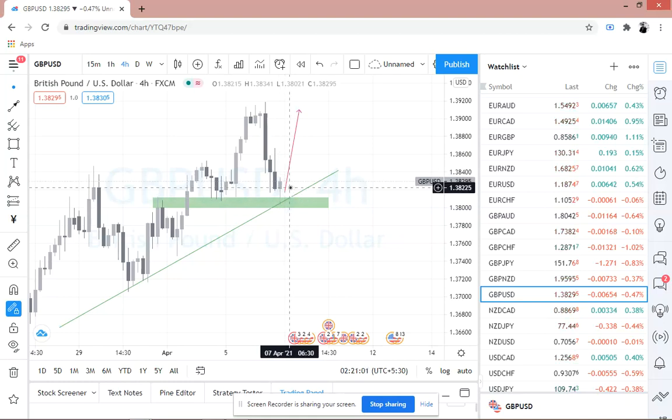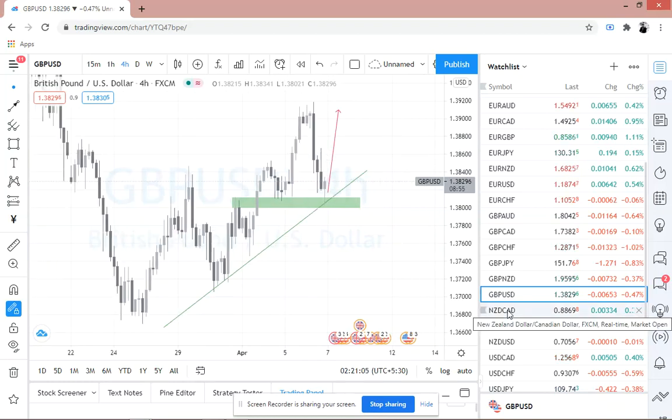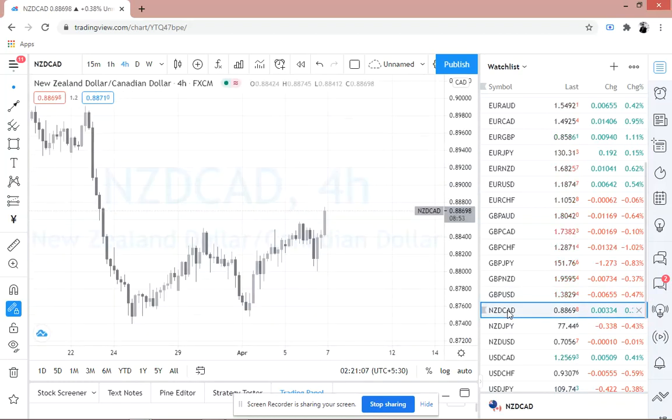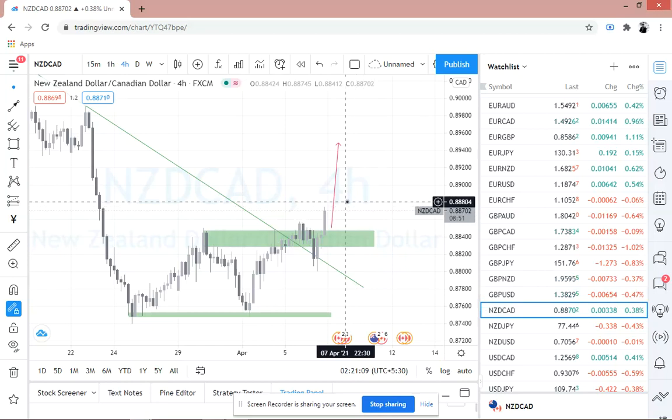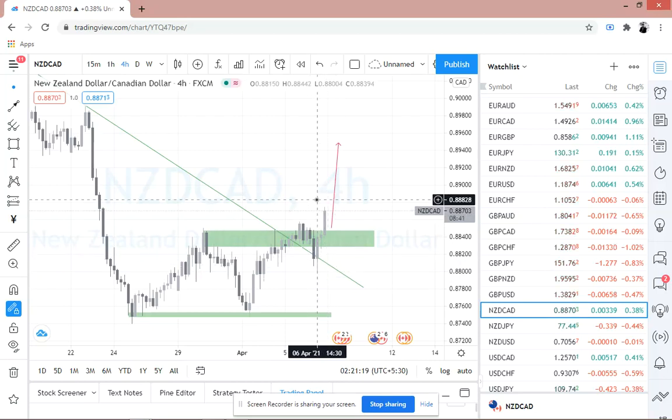Wait for the candle to close before you start buying. Strong bullish candle. Wait for the market to come back to this level. Or you can start buying right away and make your stop loss below this level if you have enough balance. If you don't have enough balance, wait for the market to retrace to this zone.